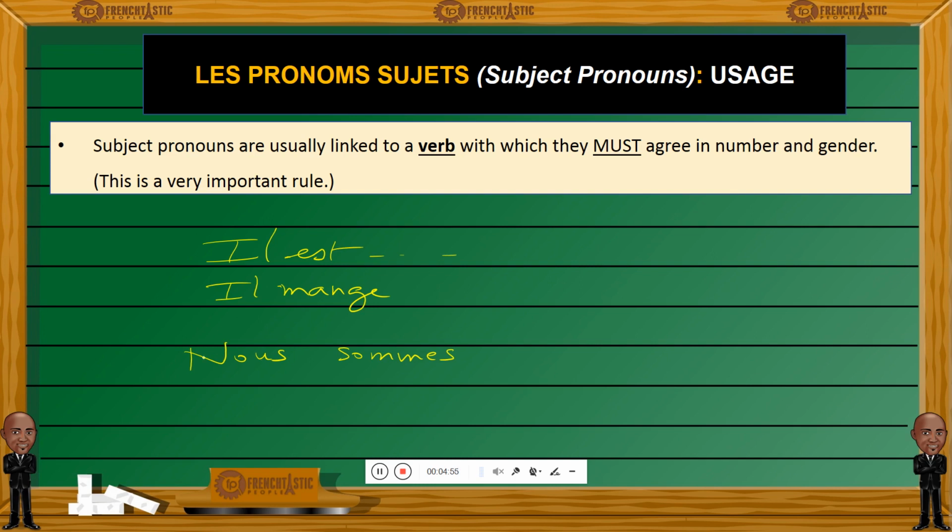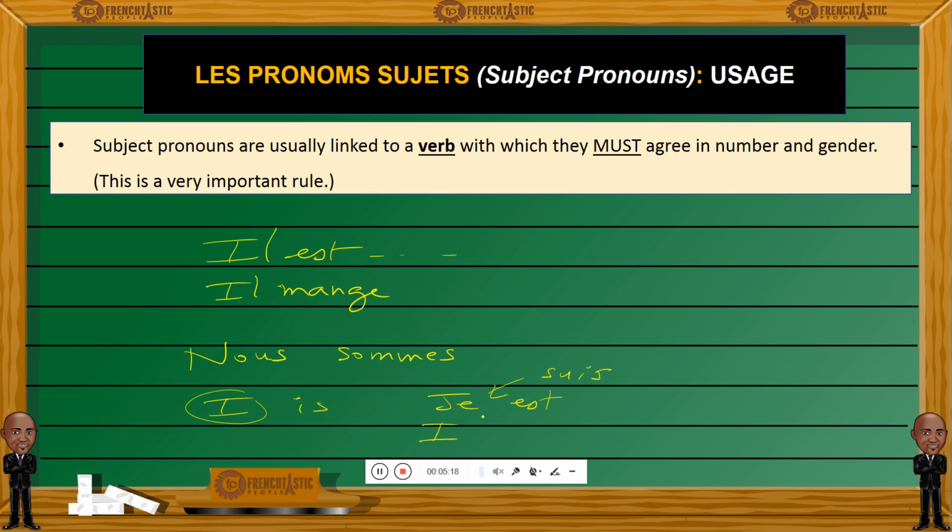Just like you can't say in English, I is. They don't match, right? The I will go with a different verb. You will not be able to say in French, je ai, like I is. It's impossible. You need to find the right form of the verb that will be assigned to je. So, je suis, I am.